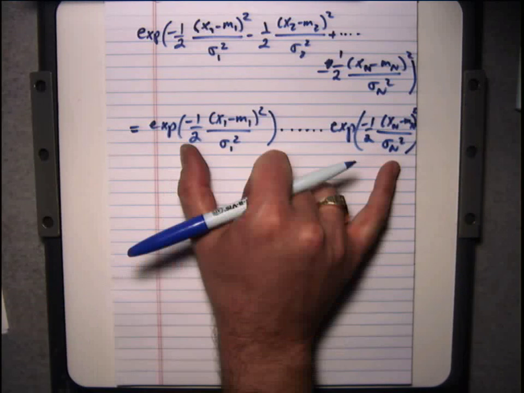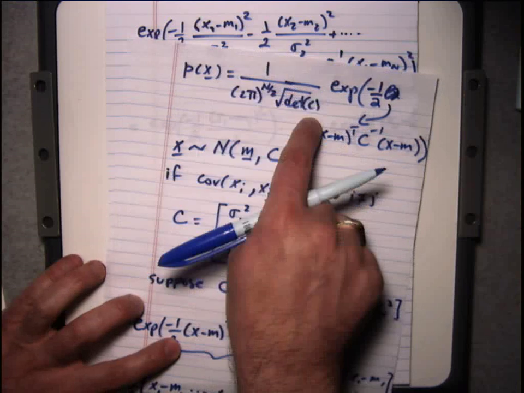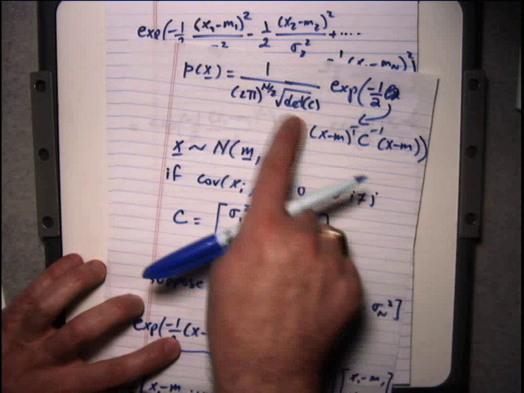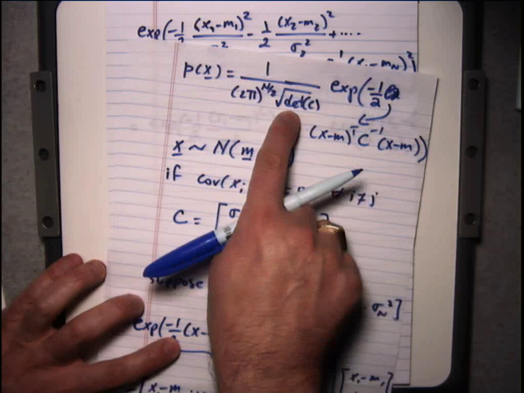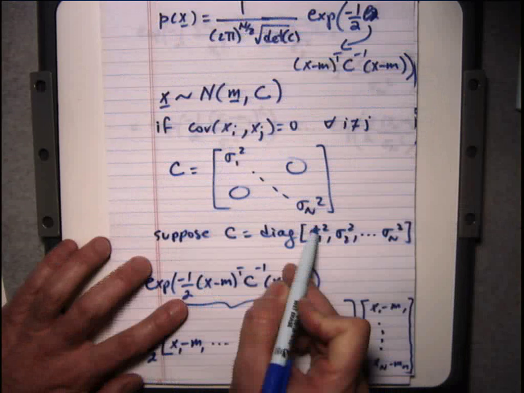Now, there's going to be this normalizing coefficient in front as well, but that normalizing coefficient is also going to be a product of a bunch of terms, because the determinant of C is just going to be the product of these variances.